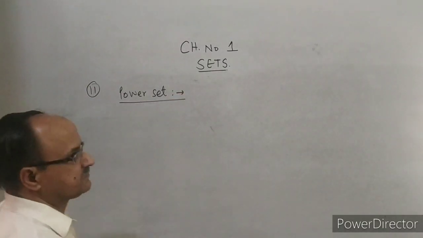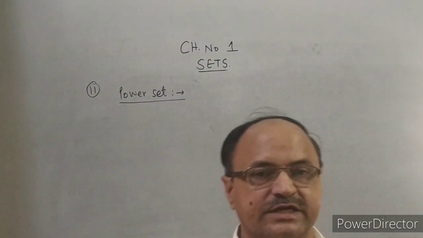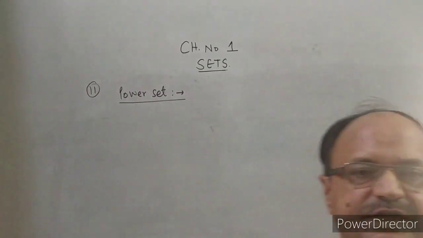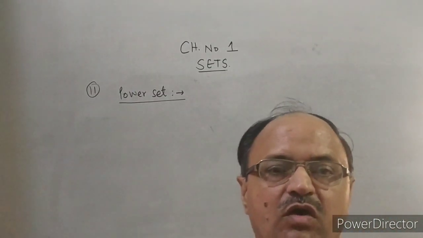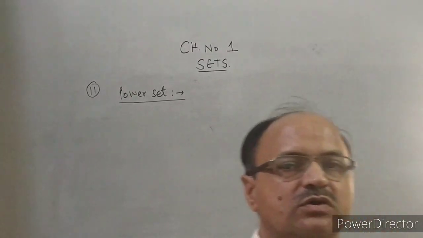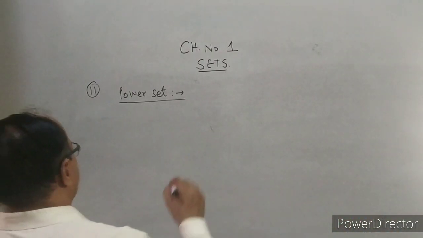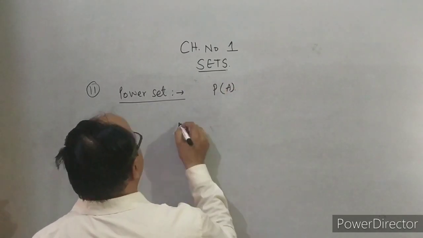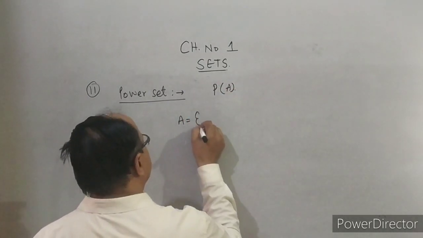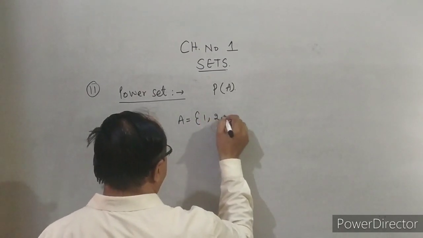Definition: the collection of all the subsets of a set is called a power set, and the power set is denoted by P of E. For example, set A is equal to 1, 2, 3.